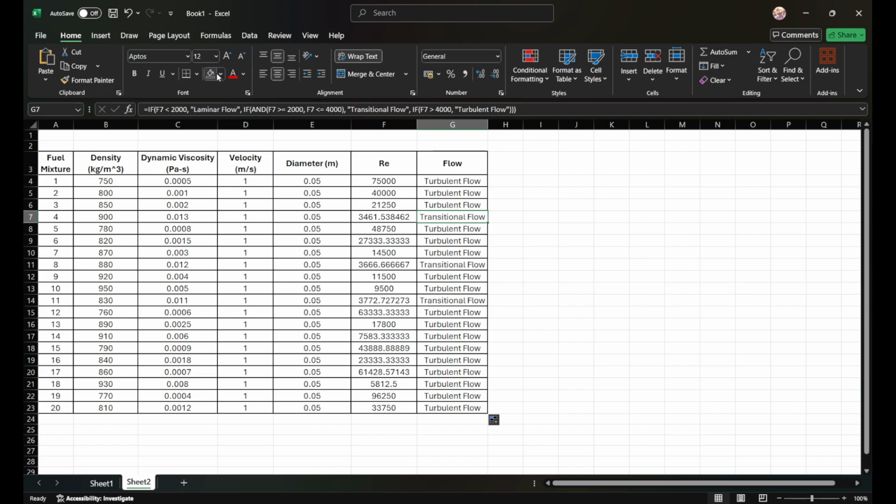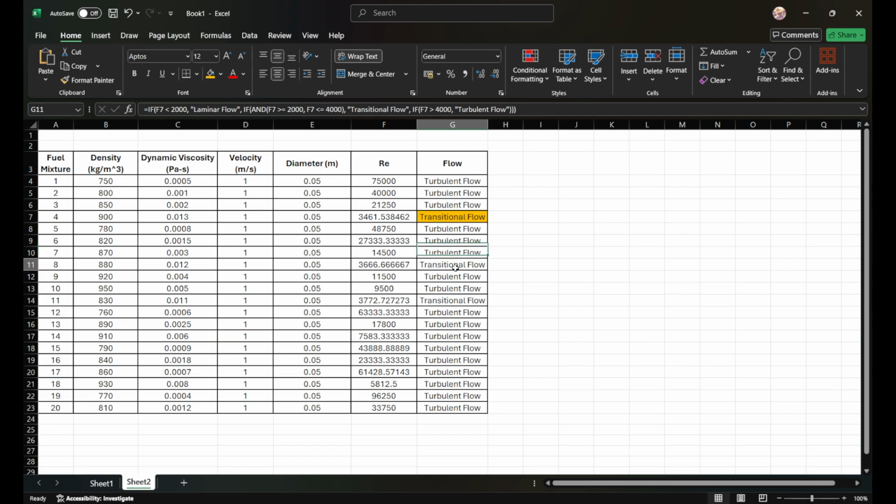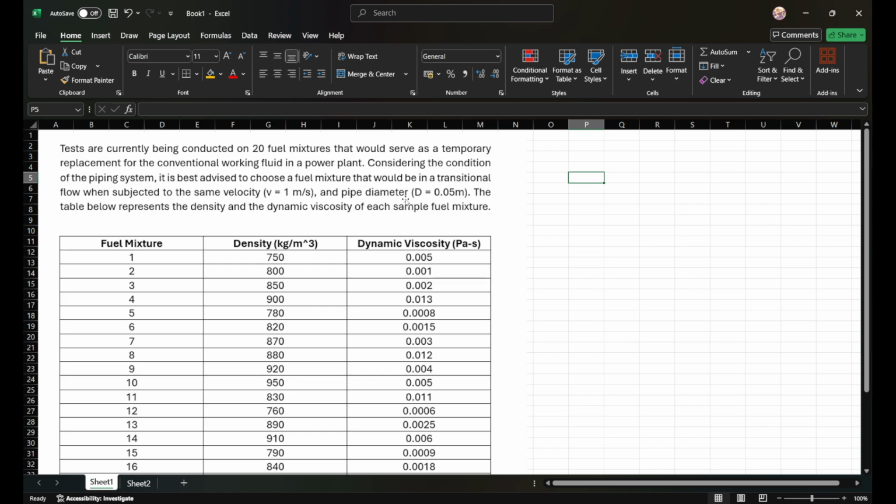We can just highlight the transitional flows we got. It would be fuel mixtures 4, 8, and 11. So we highlight those too. Basically the answer to the problem is we have to choose between these three since they yielded a transitional flow under these conditions.